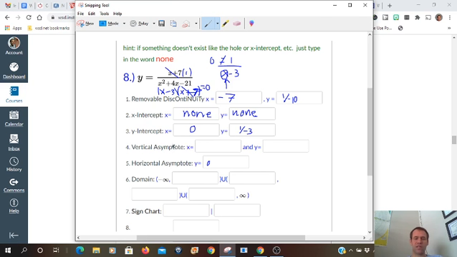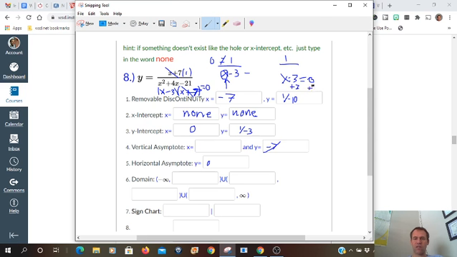Ooh, this is interesting. The vertical asymptote was going to be at -7, but that's the hole. So we're only going to have a vertical asymptote where we set the bottom equal to 0. Add 3 to the other side: x equals 3.